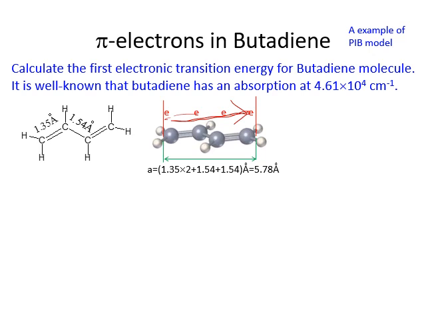The allowed energy level is described by this equation: n squared times h squared, where h is the Planck constant, 8 m, where m is the mass of the electron, and a is the length. The length is calculated from 2 double bonds, so 2 times the double bond length, plus a single bond, here 1.54.